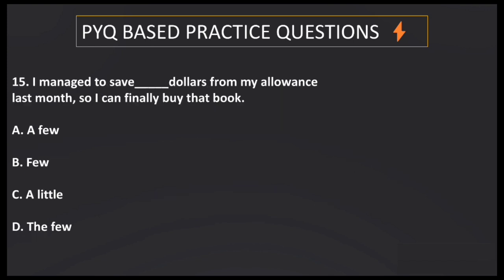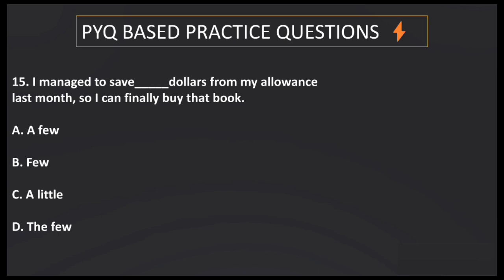I managed to save dollars from my allowance last month so I can finally buy that book. If you read the sentence, you will feel one kind of positive sense. I managed to save how much? Very little amount of dollars from my allowance last month, some money, a little bit of money, but I think it's sufficient to buy the book.